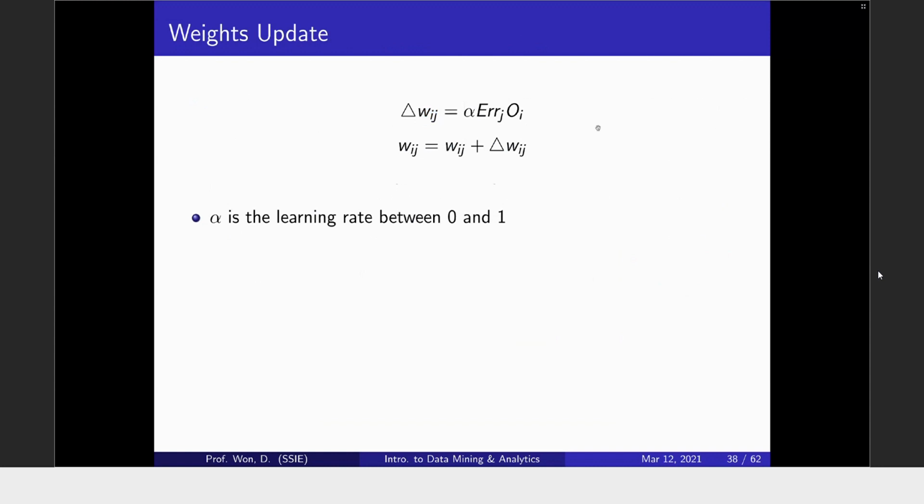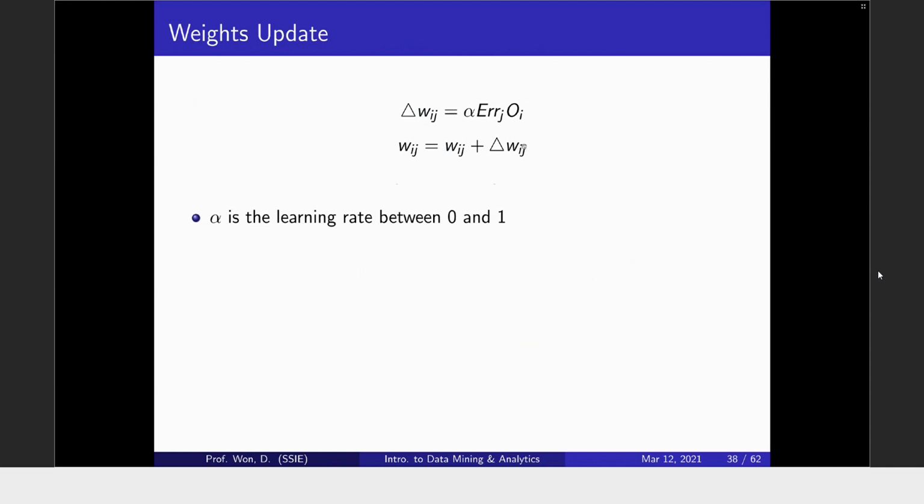Every time we apply this iteratively, all the Wij are going to be changed. How far, and in what direction? This change leads to minimization of our error terms.